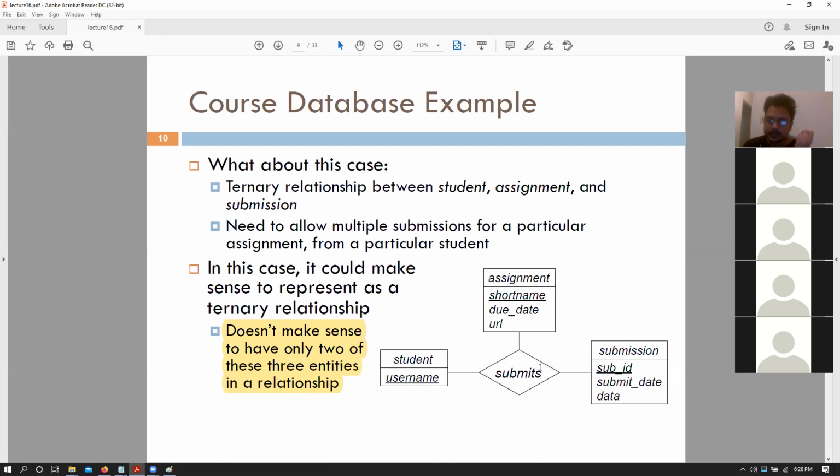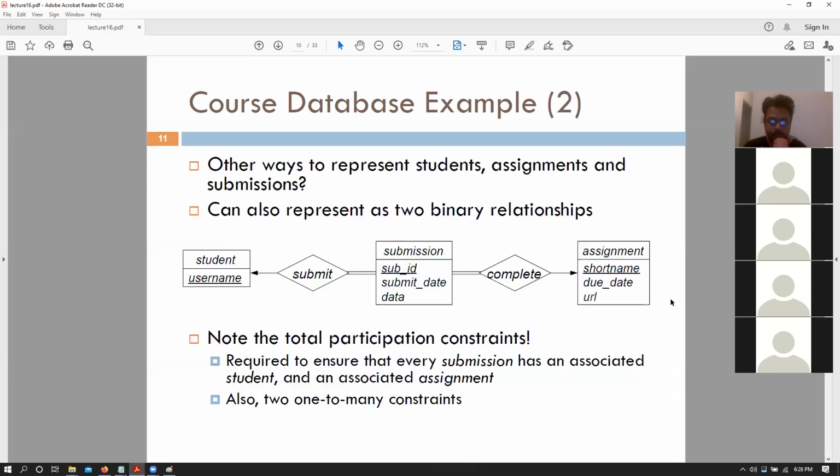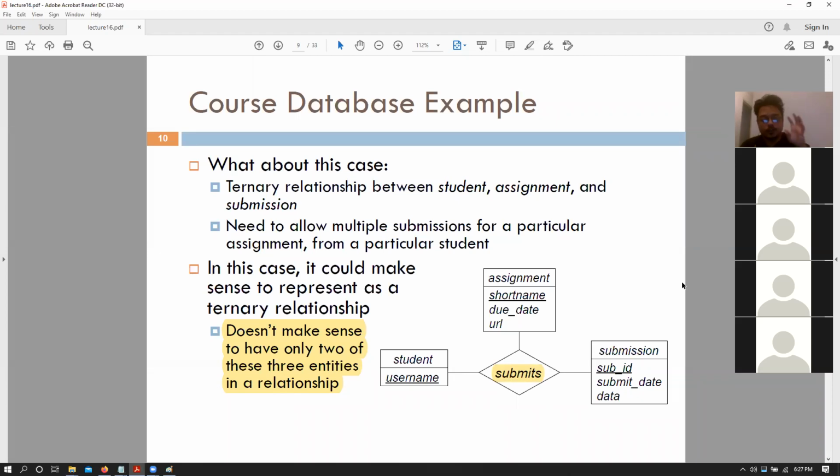So there are cases where we actually need all three things related together into a single submission in the submits relation, right? But we can try to convert this into binary relationships with student, assignment, and submission.